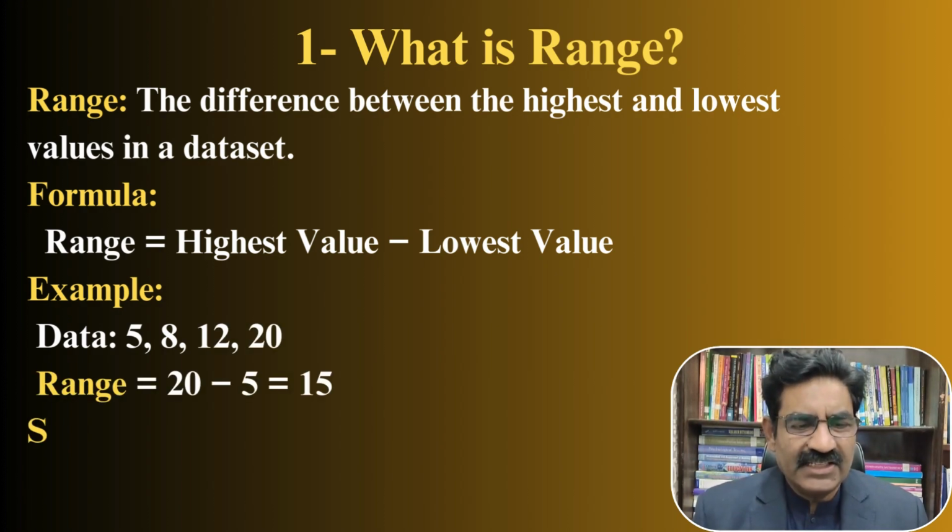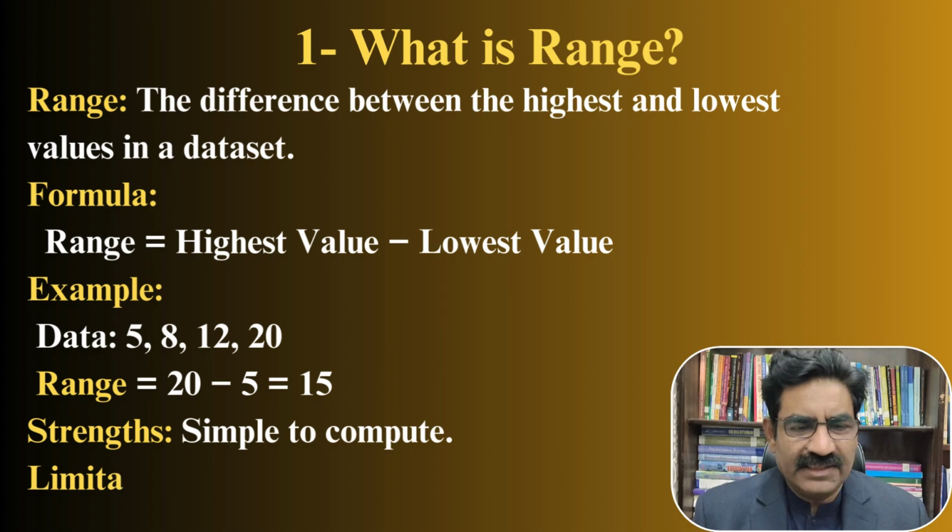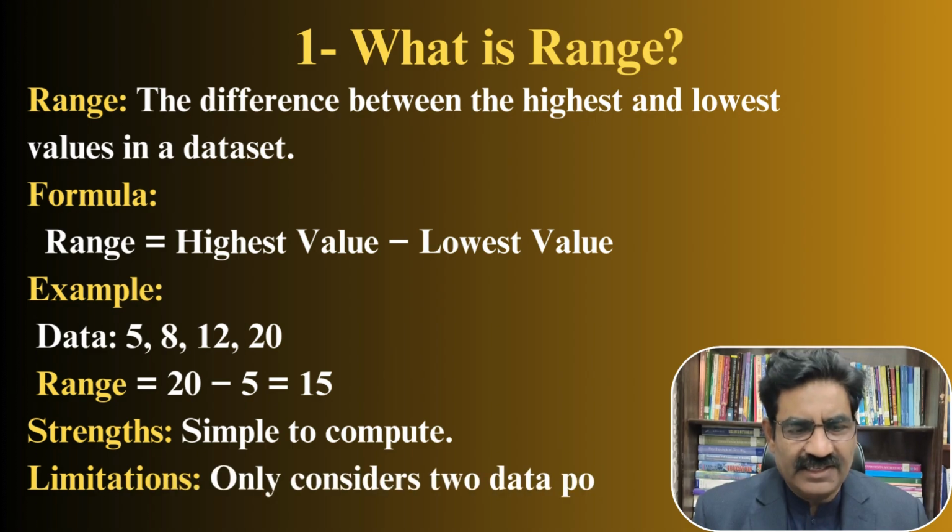As we see in example, there are 4 entries in the data set: 5, 8, 12 and 20. So, we see that 20 is the highest value and 5 is the lowest value, and we simply subtract 5 from 20 and get 15. So 15 is the range for this data set.